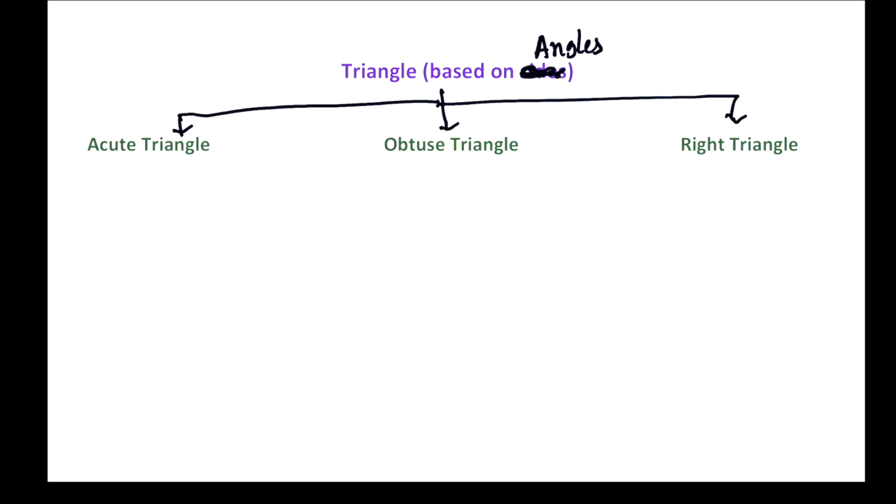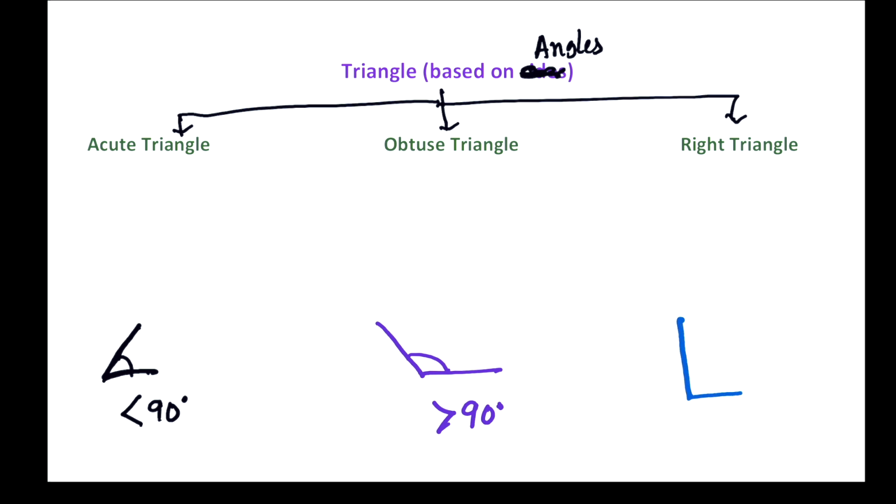An angle that is less than 90 degrees is called an acute angle. Next, obtuse angle. An angle that is greater than 90 degrees is called an obtuse angle. Right angle means the angle is exactly 90 degrees. It can also be called a square angle.